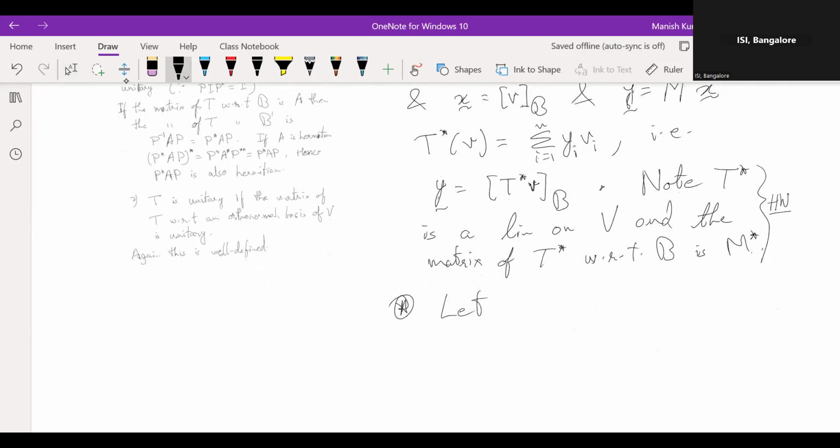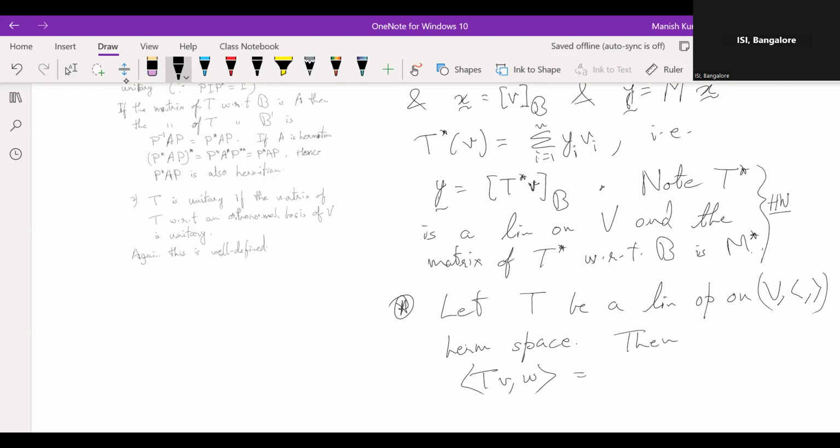Let T be a linear operator on this Hermitian space V. Then the pairing of TV with W is the same as the pairing of V with T star W. So you apply T to V and then pair it with W. That is the same as taking V and applying T star to W and then doing the pairing.